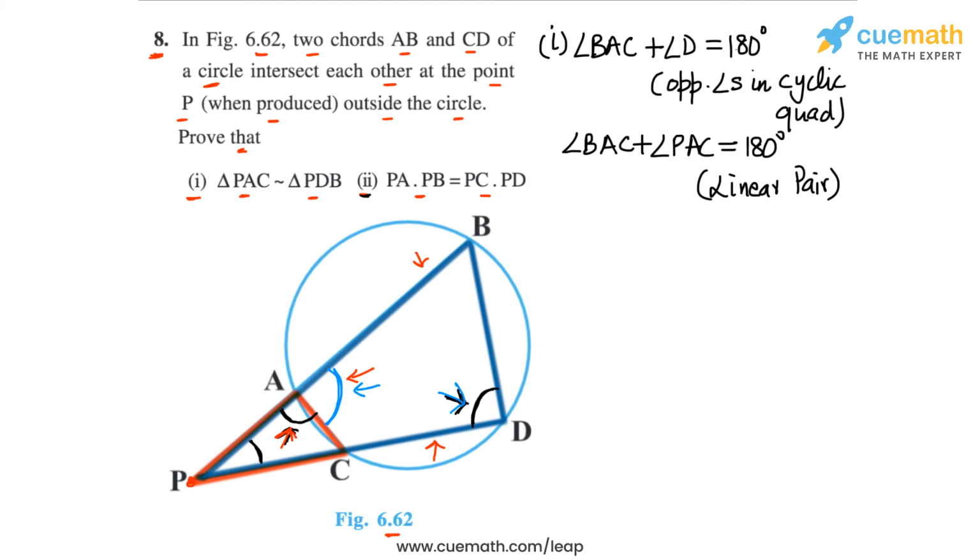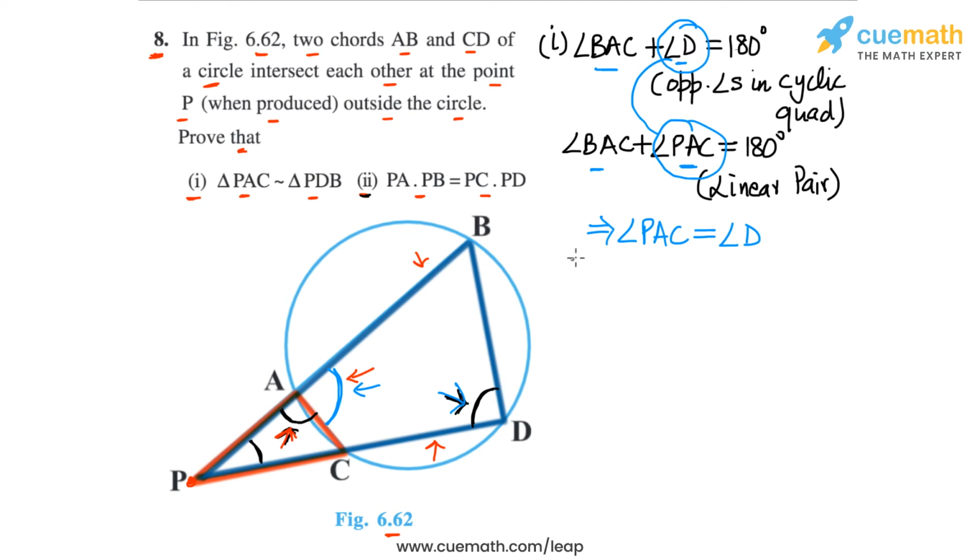So if you observe these two equations that we have written, the left hand sides must be equal. On the left hand side we have BAC plus angle D and BAC plus angle PAC. So from these two equations we can conclude that angle D and angle PAC must be equal. Okay, so let's write this. So we conclude that angle PAC must be equal to angle D.